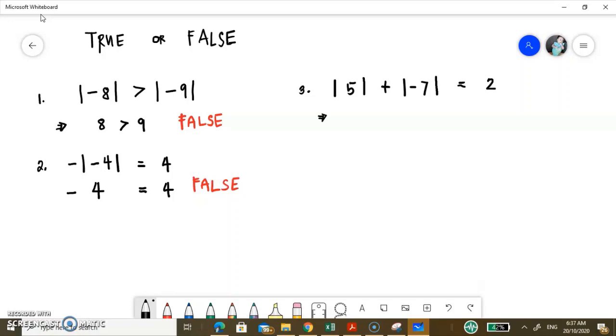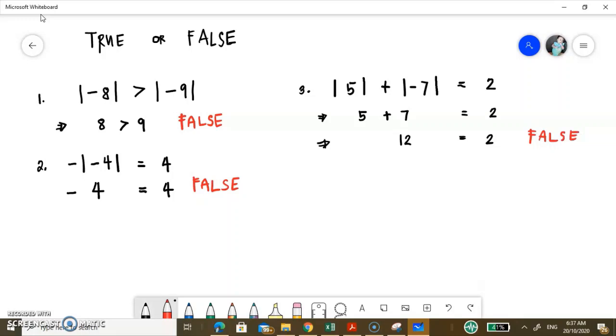Kunin natin. So, dito tayo. That would be 5. Absolute value of negative 7. Remove the vertical bars. Remove the negative sign. That's 7. Okay? Then you copy 2. So, 5 plus 7 is 12. Right? So, 12 is equal to 2. Is this true or false? This is again a false statement.